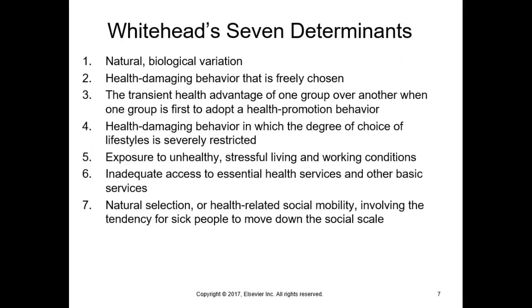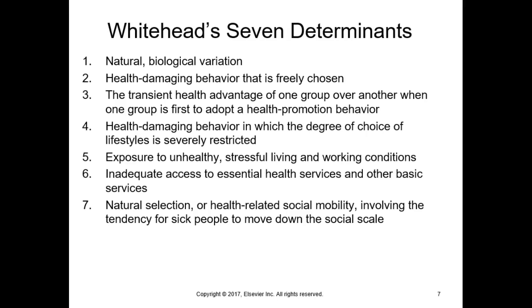So here are 7 determinants that were identified, and these are looking at differences in environmental access to and utilization of and quality of care, health statuses, and the different particular health outcomes that we're looking at. So they looked at 7 determinants for health disparities.